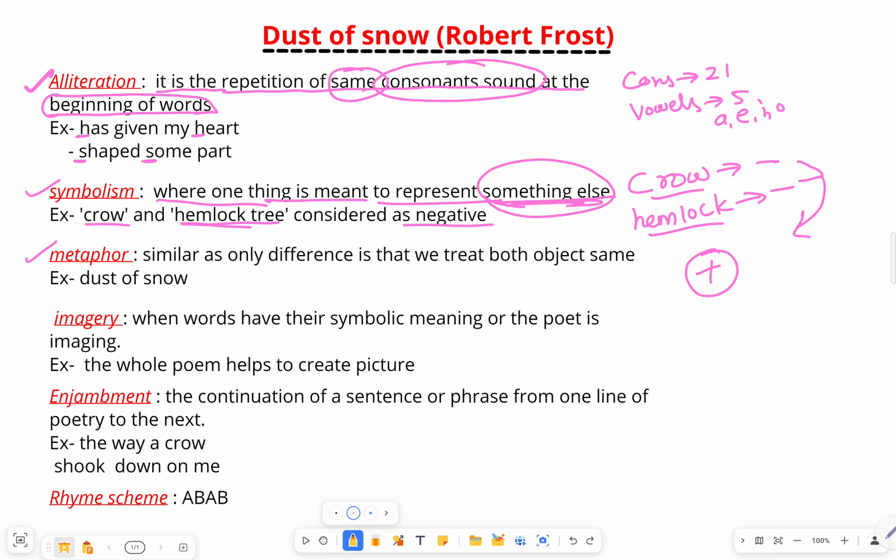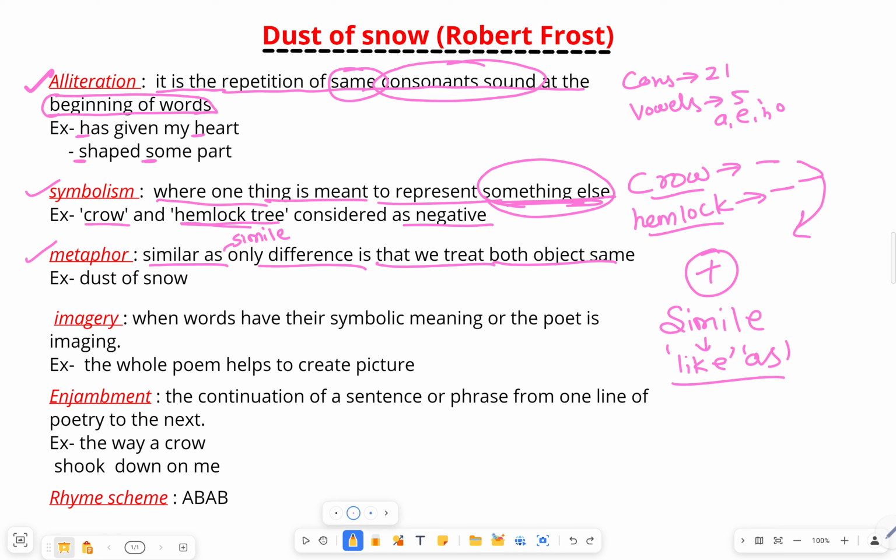Next is metaphor. Metaphor is similar to simile. Here we have to write 'similar to simile' in the definition. The only difference is that we treat both objects as the same. Many times in the previous video I discussed that simile and metaphor are both similar, but the only difference is that simile is always indicated by 'like' and 'as'. These two words are always mentioned.